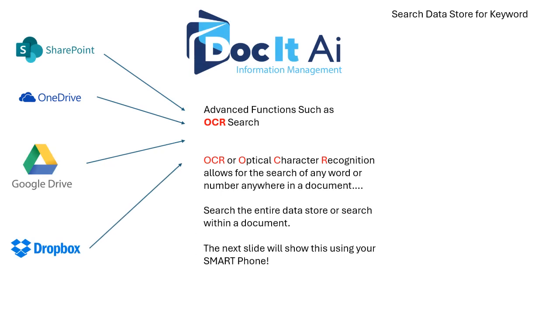Next slide, we're going to be showing you when you're retrieving a document, whether it's in SharePoint, OneDrive, Google Drive, or Dropbox, you have a couple of different options that you're able to use. You can do what's called an OCR search. We'll show you that in a little while.